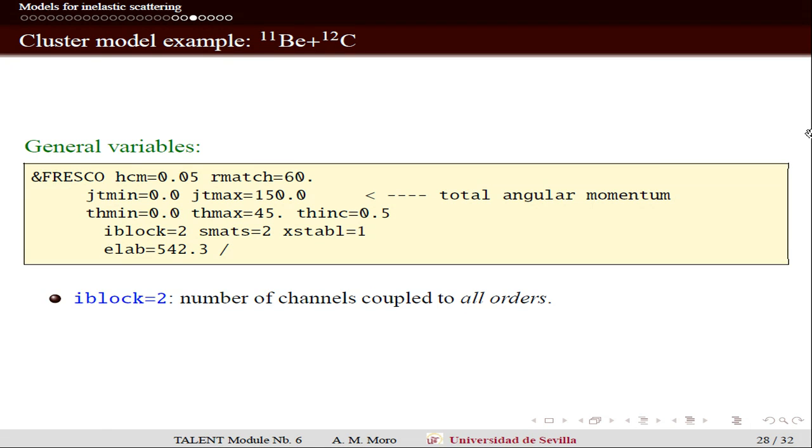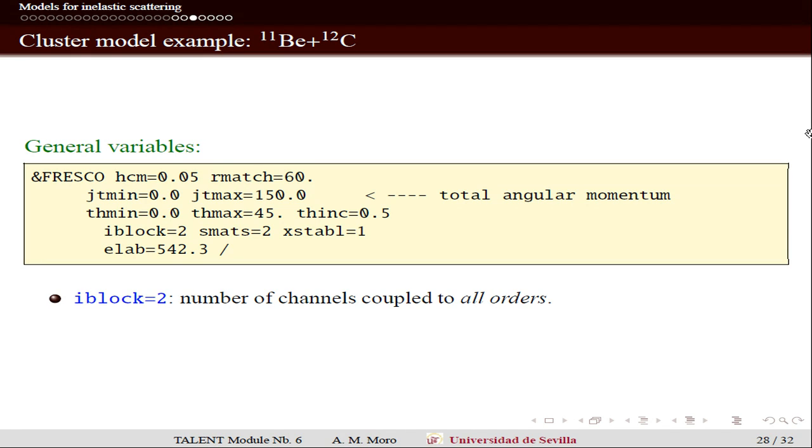So remember, every time you run a different case, you have to make sure that you include a sufficient number of partial waves. So in this case, I put 150 because at some point I checked that, including beyond that, I didn't change the result. But this is something that you have to do by yourself.